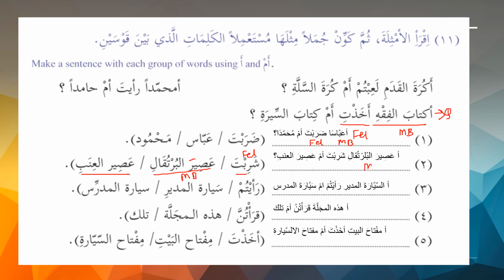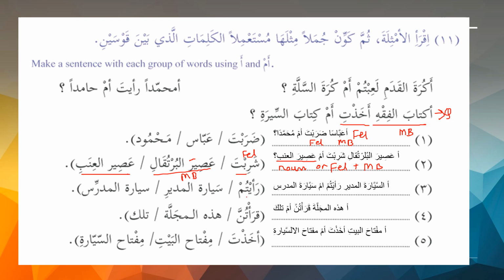So the maf'ul bihi proceeds with the fail pushed back, and after am is coming the last noun, and this noun is also maf'ulun bihi. So basically the main formula of the jumla is flipped: the fail and the fi'l, and the maf'ul bihi. The maf'ul bihi comes first, the fail and the fi'l come after it.